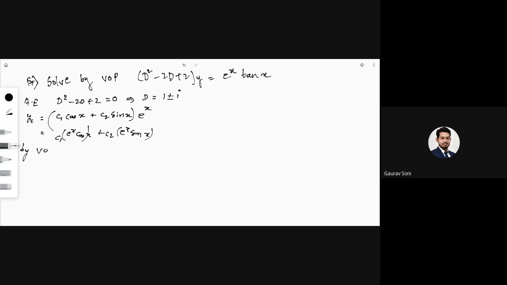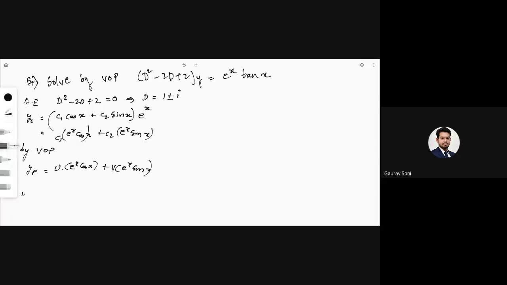So by variation of parameters, yp is equal to u times e to the power x cos x plus v times e to the power x sin x. So you have y1 and y2.